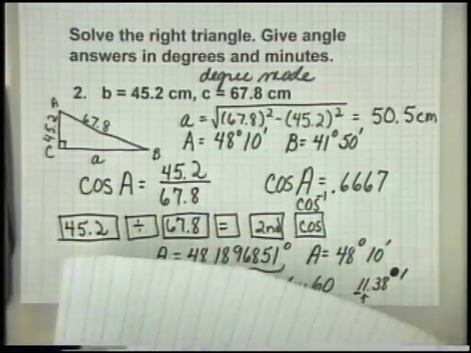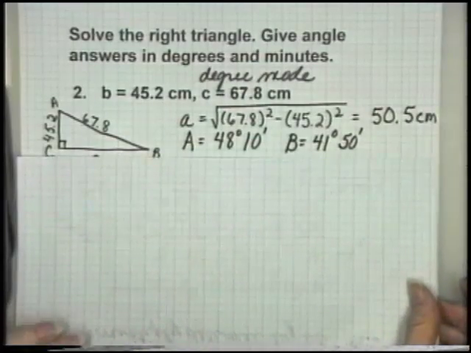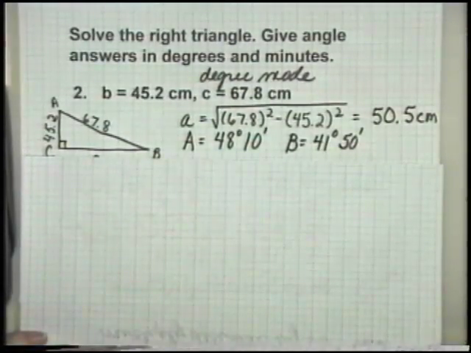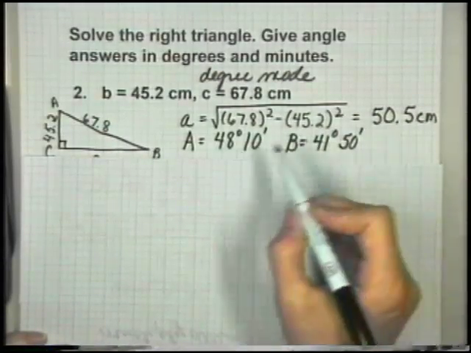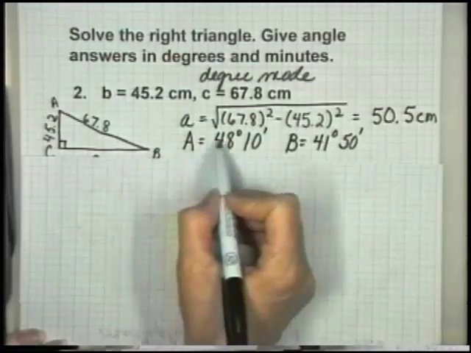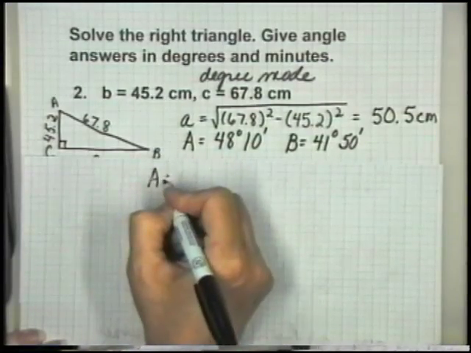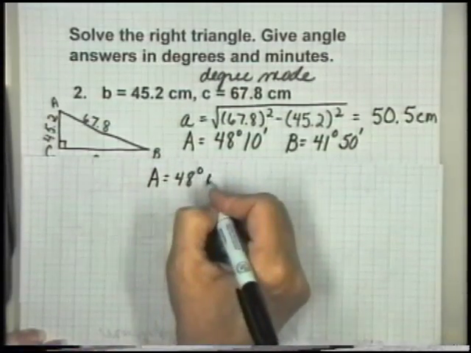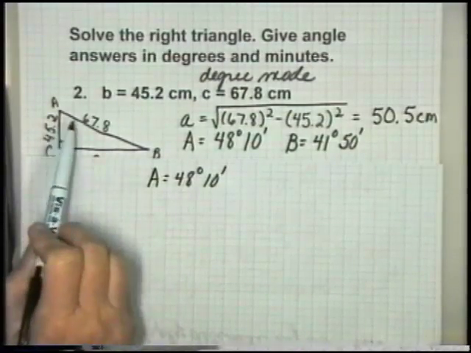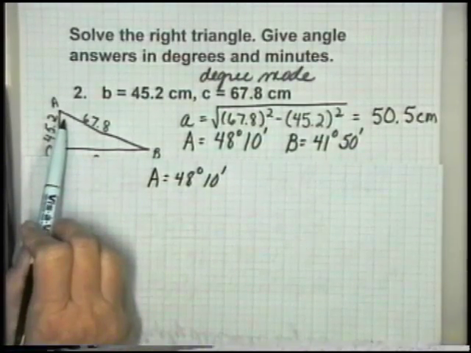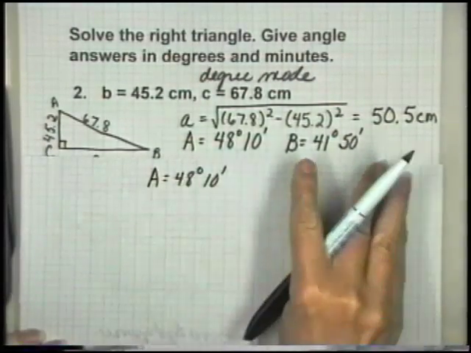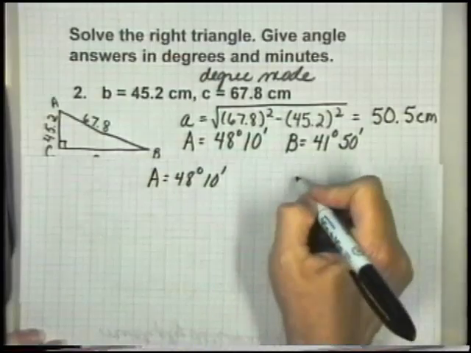Now, I think I told you that I don't always find the other angle that way. What I usually do when I've got to find one side and two angles, when I find that first angle, like when I find that angle A is 48 degrees 10 minutes, well, don't I know that the two acute angles in a right triangle are complementary, so their sum is 90.